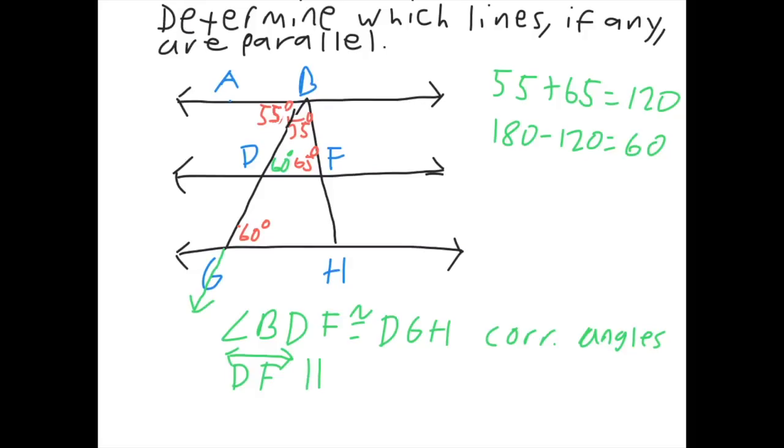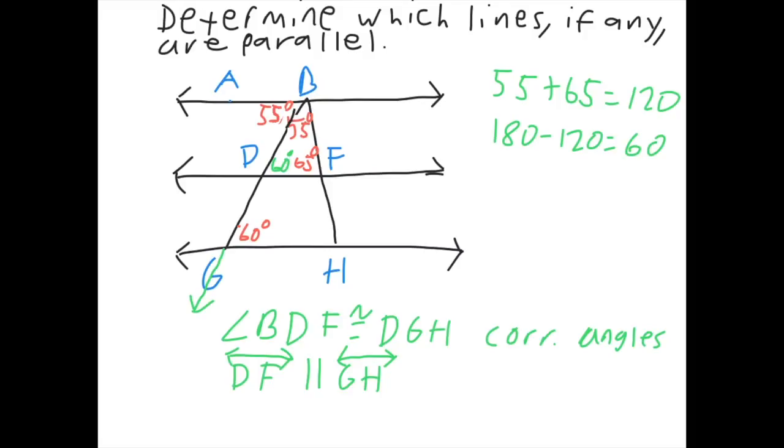Remember, two vertical lines to say that they're parallel: DF is parallel to line GH. So we know that those two are parallel. Awesome. Now let's see if the other two are parallel. Let's see if AB is parallel to those as well.